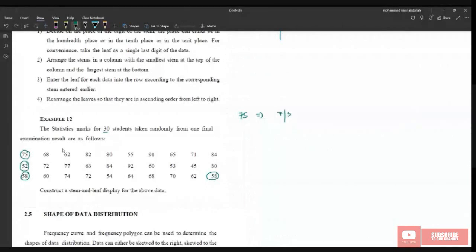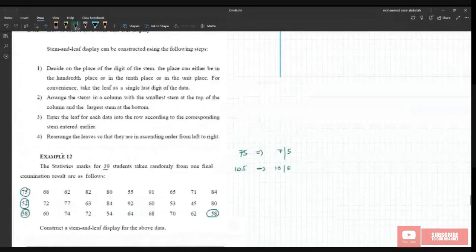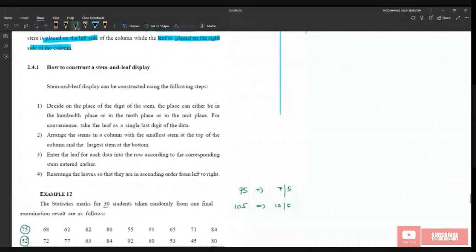So this is going to present 75. If you have 105, we're going to put it as 10 stroke 5. So this is the meaning of stem and leaf, right?